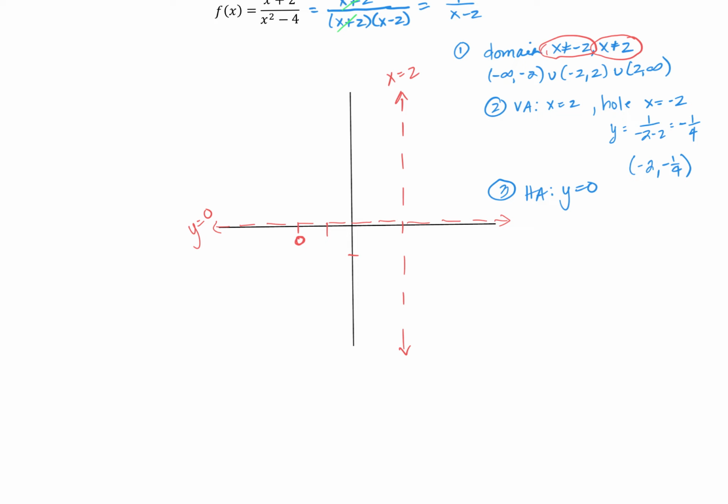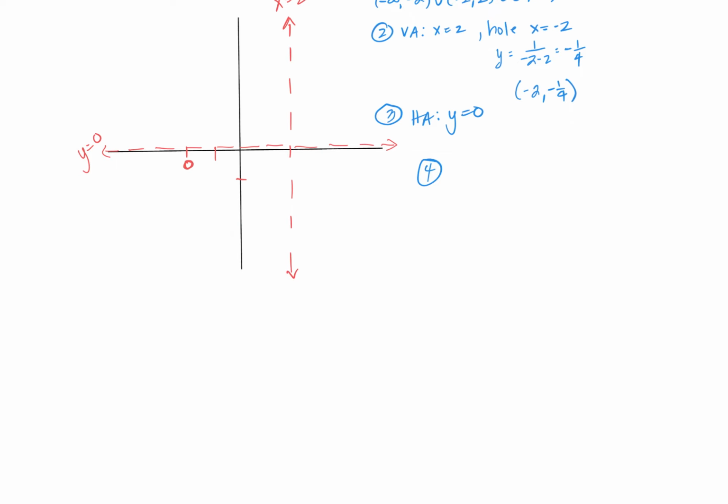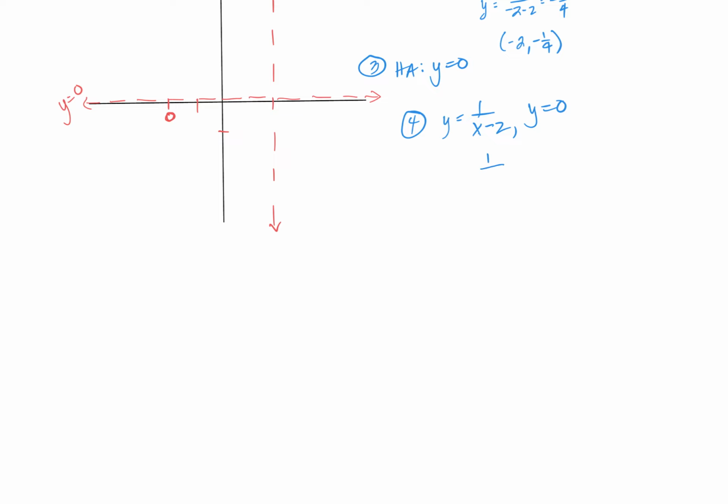Now I want to figure out if there's any cross or touch of this horizontal asymptote. That would be part 4. So again, I'm using the reduced function y equal to 1 over x minus 2, and my horizontal asymptote was y equal to 0. If there's going to be a touch or cross, it's going to be where these are the same, so I just set them equal to each other. 1 over x minus 2 equal to 0 over 1, so you can do your cross products. 1 times 1 is 1, equal to x minus 2 times 0, which is 0.